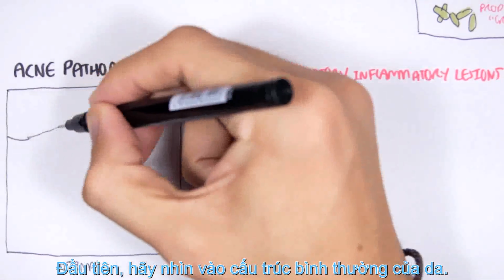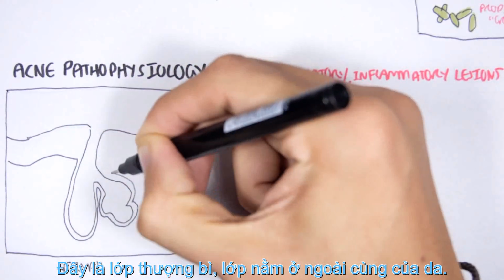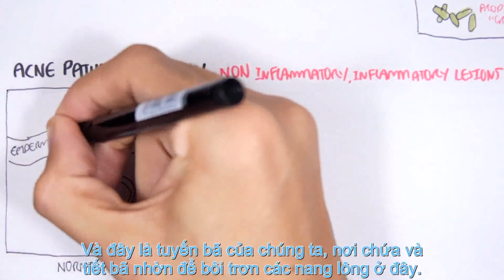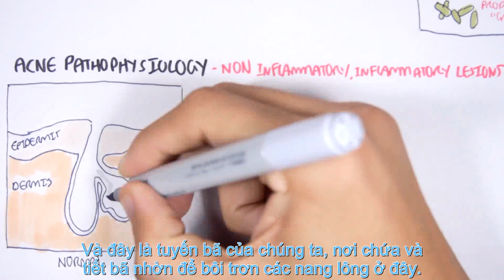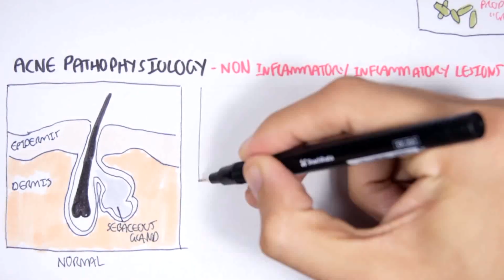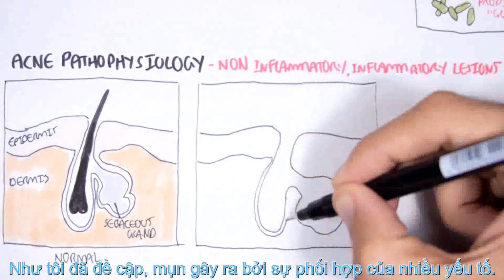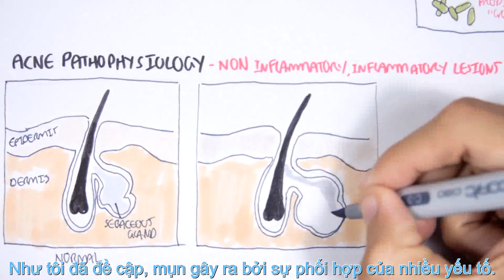Let's have a look at a normal skin first. So here is the epidermis, top layer, the dermis. Here is our sebaceous gland that contains sebum and produces sebum, which will lubricate our hair follicles here. As I mentioned, acne is caused by an interplay of many factors.